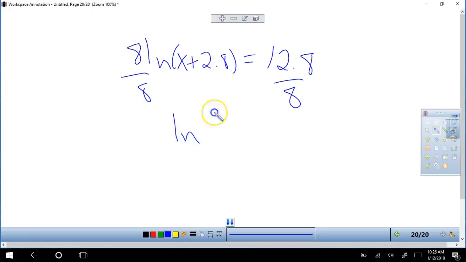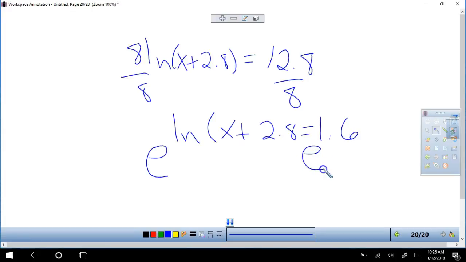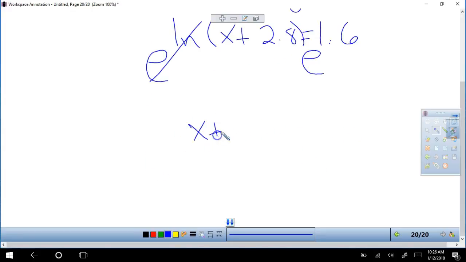So I get natural log x plus 2.8 equals 1.6. Now, how do you get rid of a natural log? You take them both as a power of e. When you do that, that cancels. You're left with x plus 2.8 equals e to the 1.6 power.